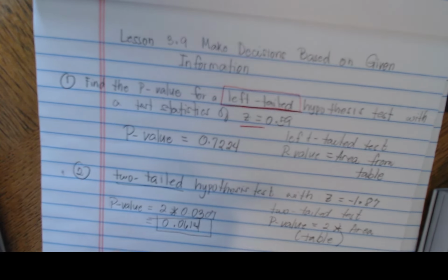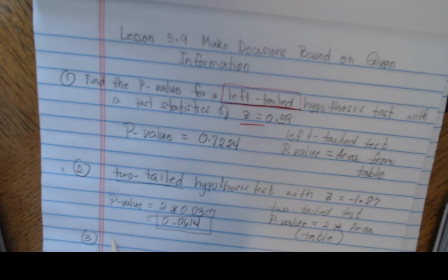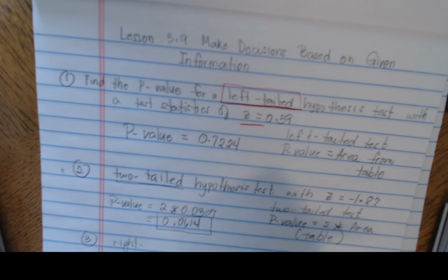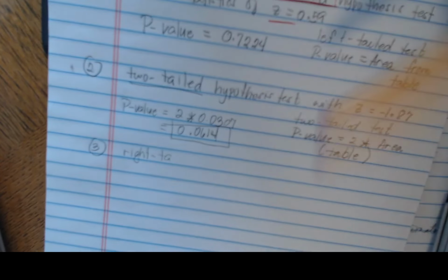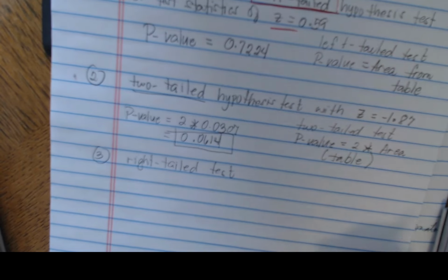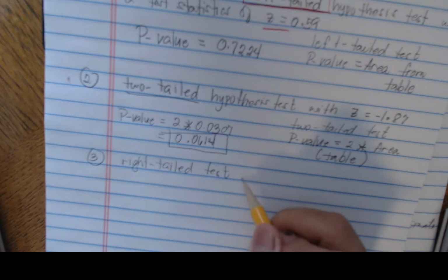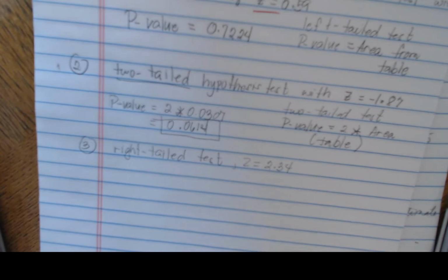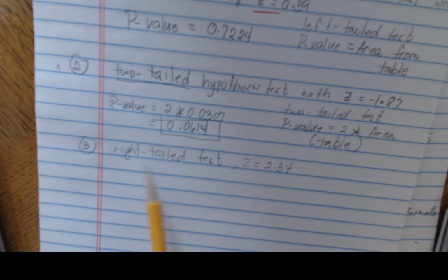Okay, and then number 3, one more example. We're going to find the p-value for a right-tailed hypothesis test with z equals 2.34.